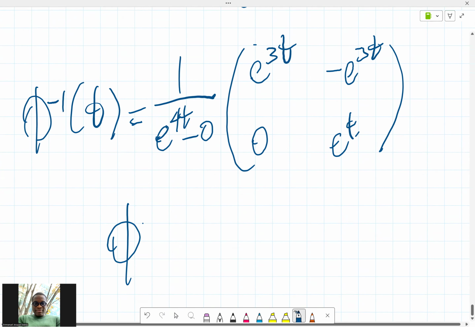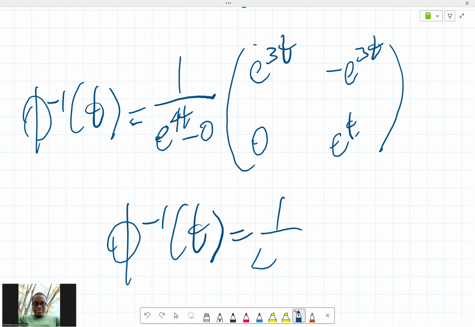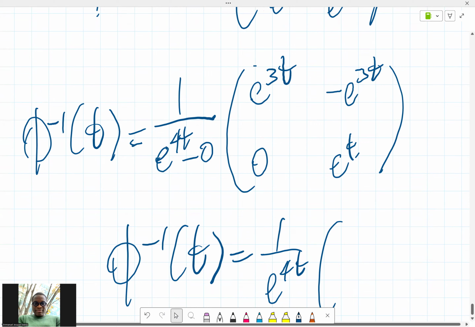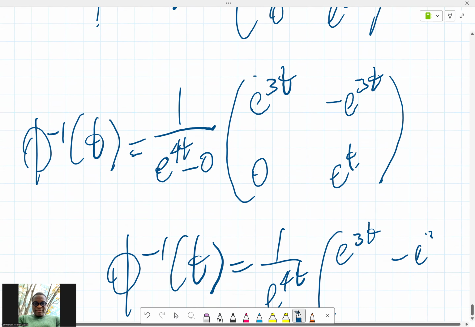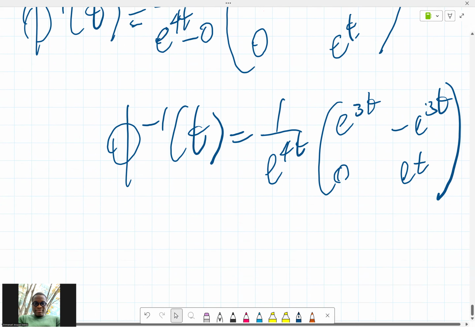So we now have phi inverse of t equal to 1 over e raised power 4t into e raised power 3t, minus e raised power 3t, then 0, e raised to power t. So we can tidy things up there.